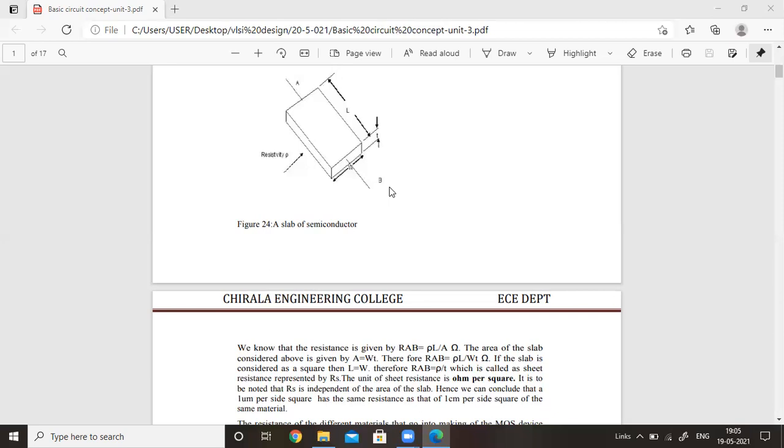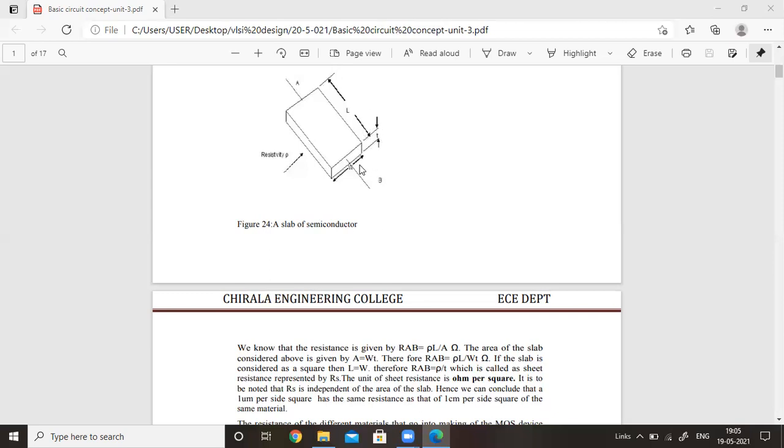So in this case, we are going to represent R suffix AB. That means the resistance between the two faces A and B is equal to rho L by A, and the unit is ohms. Here A is the area of the slab, and this area is nothing but width into thickness. Just remember, area is equal to width into thickness.